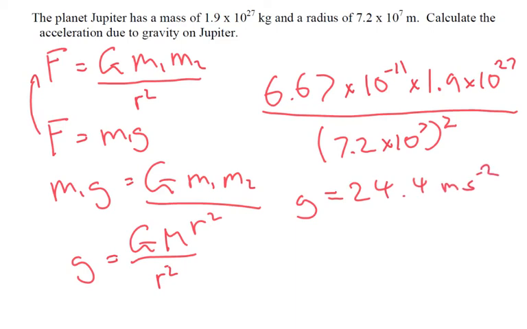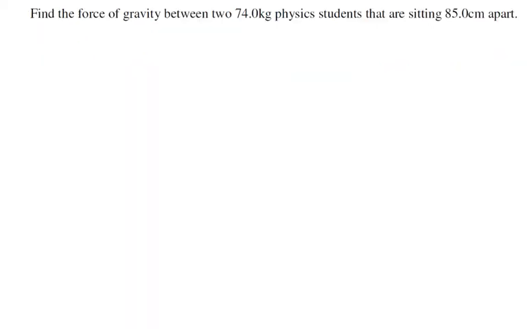Okay, last example. Find the force of gravity between two 74 kilogram physics students that are sitting 85 centimeters apart. Okay, so we're going to use our equation again. F equals big G m1 m2 over r squared.